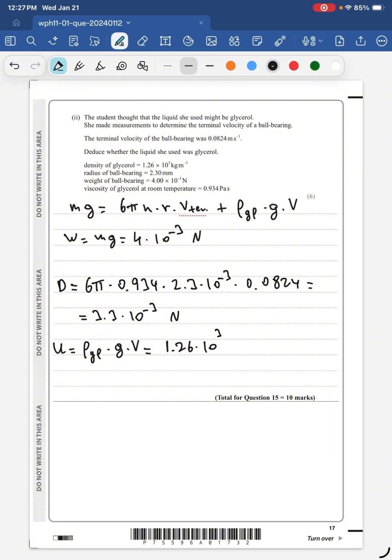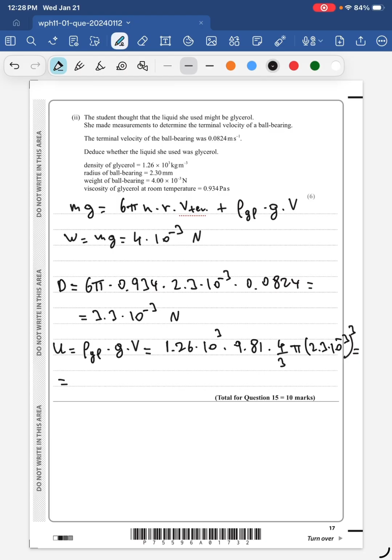It's a little bit denser than water. Water is 1 times 10 to the 3 kilograms per cubic meter. Times g, 9.81, times volume. The volume of displaced glycerol should be the same as the volume of the ball bearing. So that's 4/3 pi times radius cubed, and the radius is 2.3 times 10 to the negative 3, cubed.